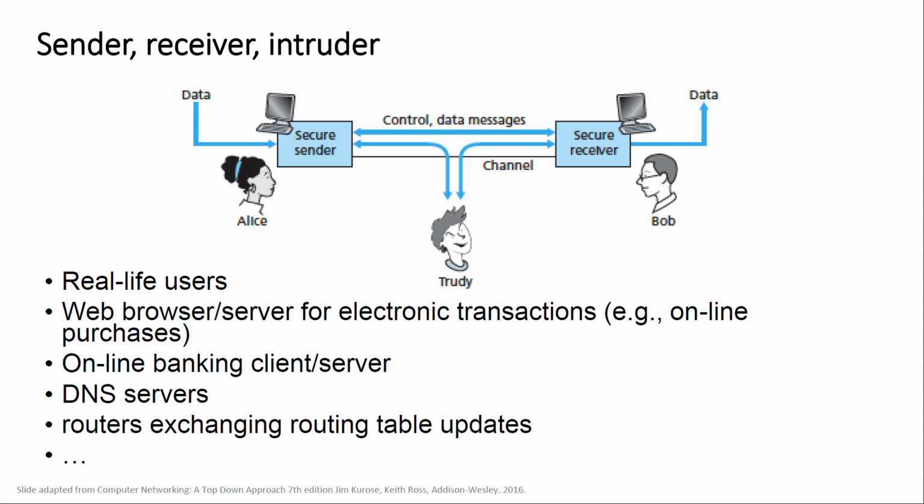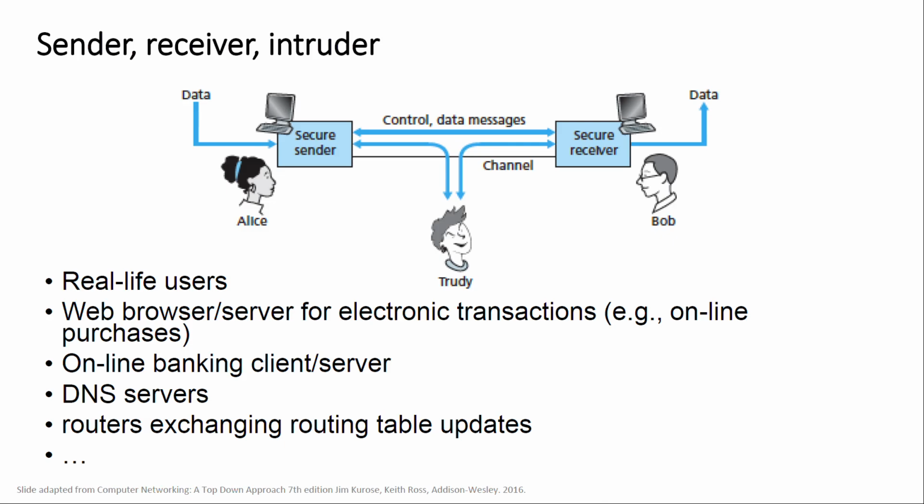Okay, so let's think about how secure email should work. This is ideally our picture. Two parties want to communicate, in our case Alice and Bob, and a malicious person can listen to the channel and obtain the data. This is why cryptography tries to provide security even if the channel is not secure.